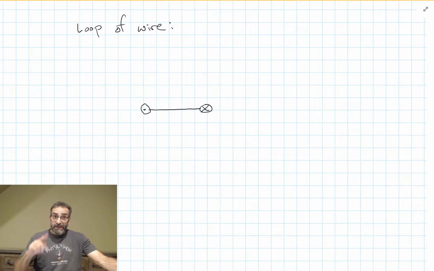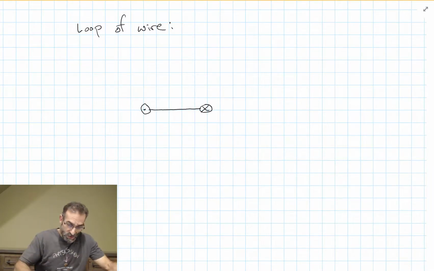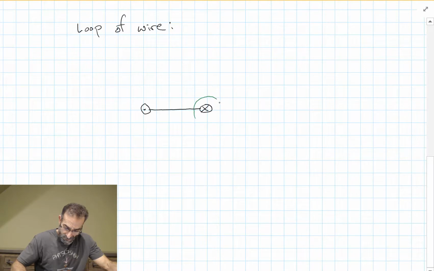The current forms a magnetic field that encircles the wire. So there's going to be a magnetic field that forms a circle here. And there's going to be a magnetic field that forms a circle here.